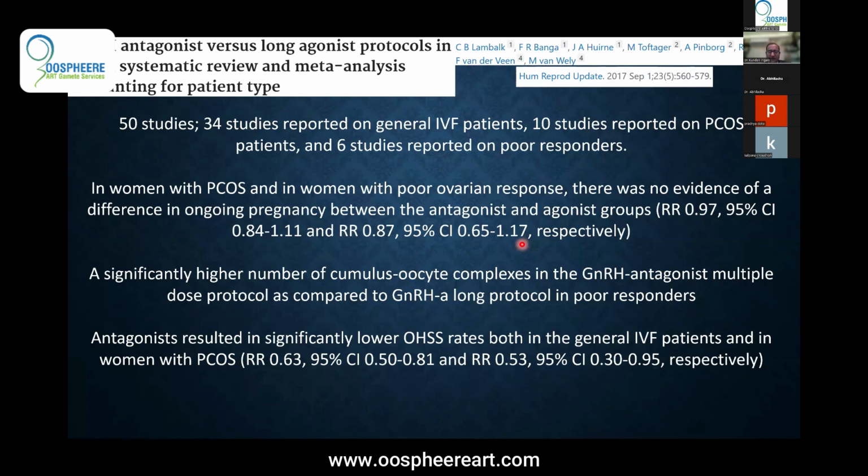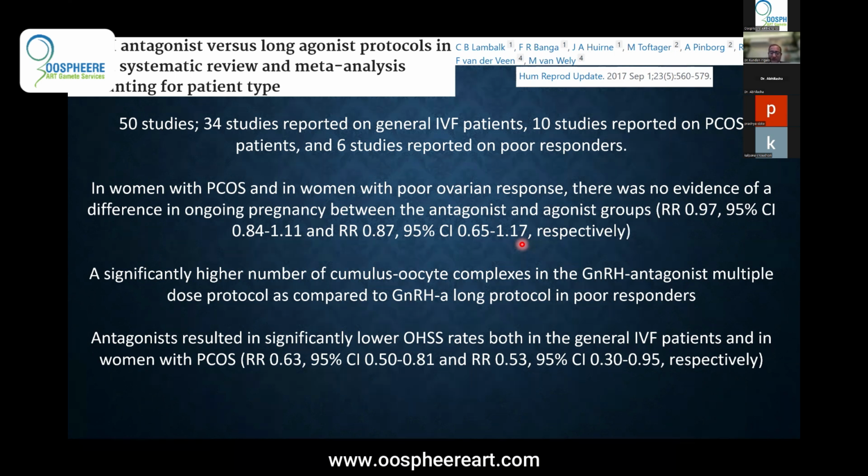But what they realized was a significantly higher number of cumulus oocyte complexes in antagonist multiple dose protocols as compared to the GnRH agonist long protocol. In the previous paper we saw that agonist gives a better number of complexes, but this is a systematic review of 50 studies and it says that antagonist gives a significantly higher number of cumulus oocyte complexes.